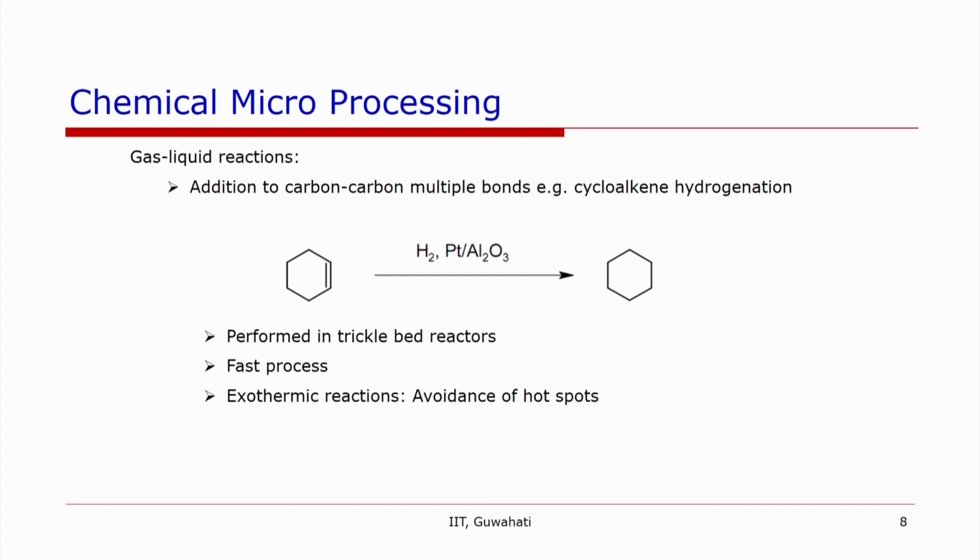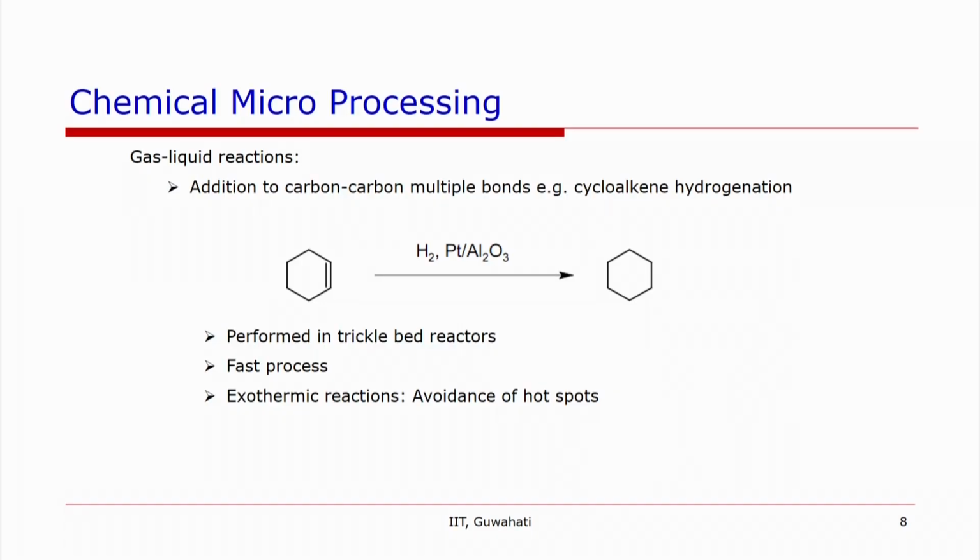One also needs precise control over the residence time, and over the pressure and temperature at which the reactor will be operating, because if the residence time is too long, then secondary reactions may take place and the selectivity will again be poor. By selectivity I mean the yield of the desired product divided by the yield of the undesired product, which is what we generally term selectivity in chemical reaction engineering.